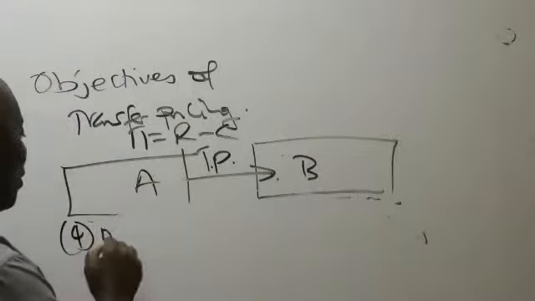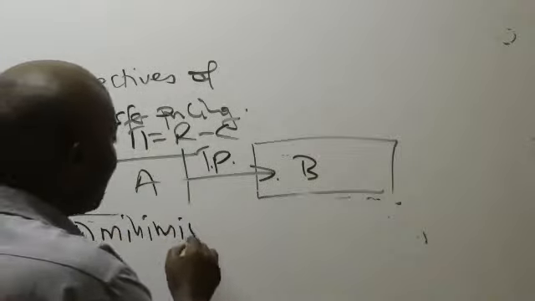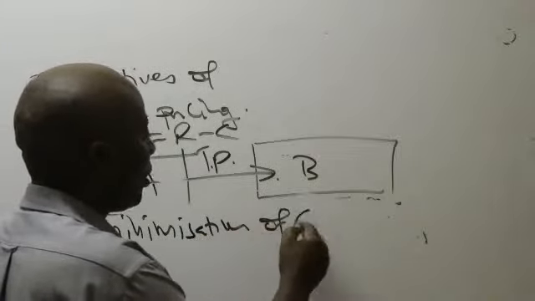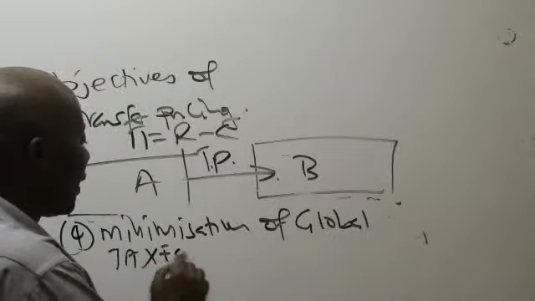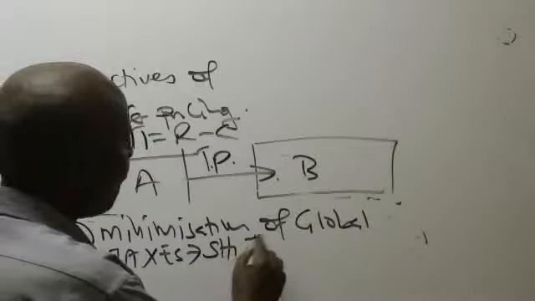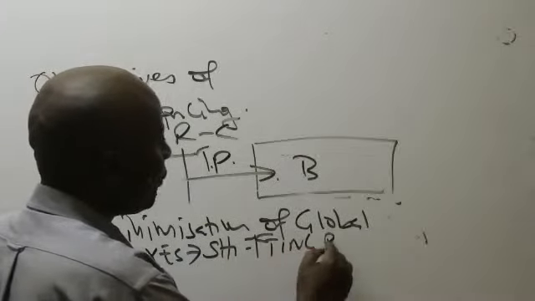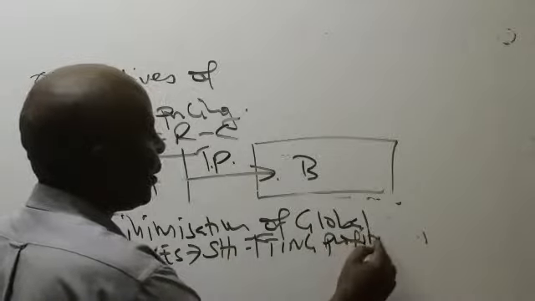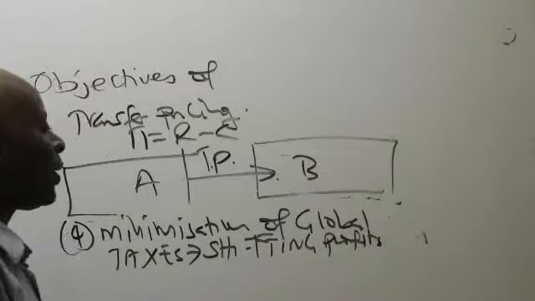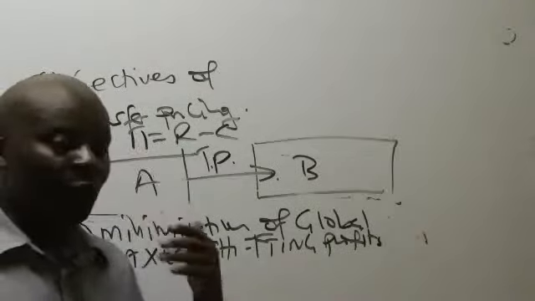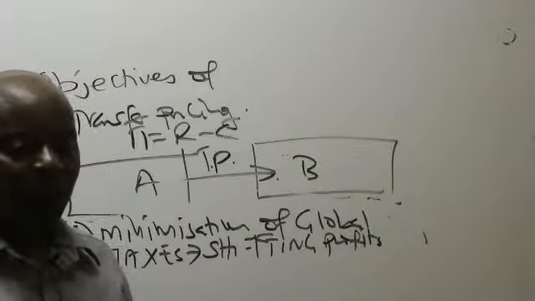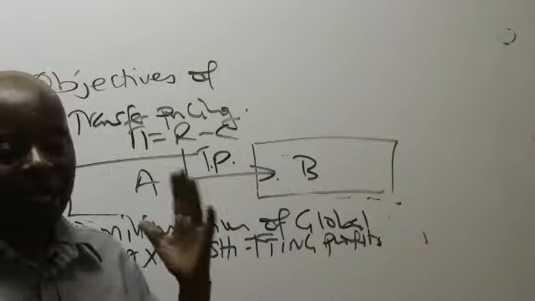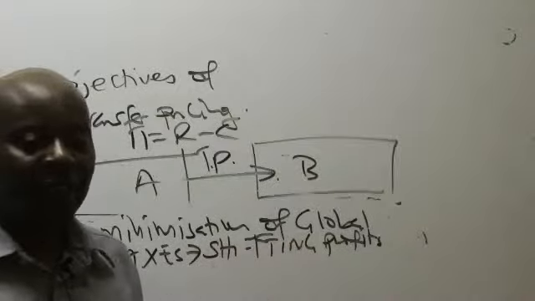Number four, we have here minimization of global taxes, or you'll get some books calling it the concept of shifting profits to tax havens. You shift profits to tax havens.